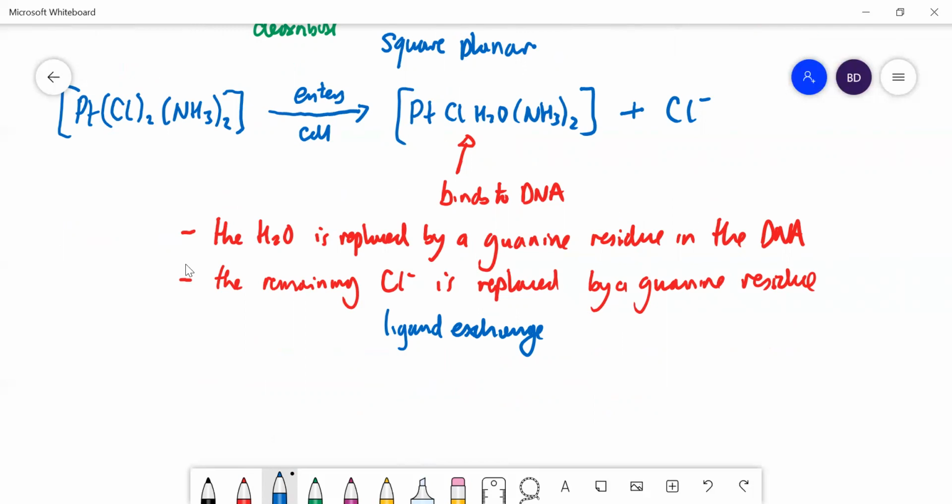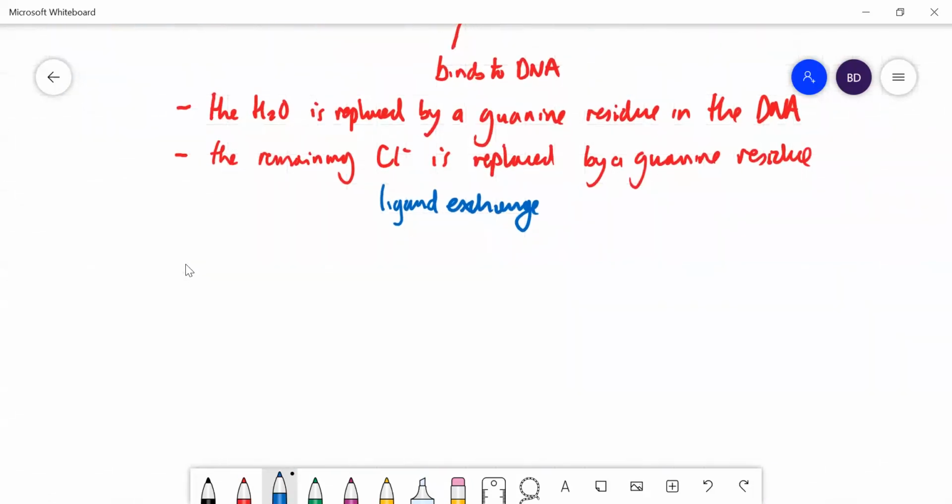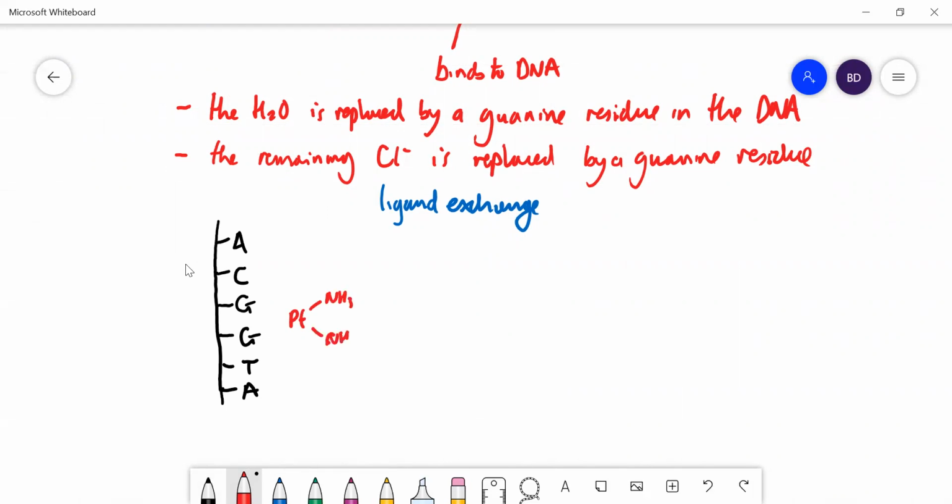Now, why does that cause DNA damage? So here's going to be a piece of DNA, and I'm just going to put some random bases like A, C, G, G, T, A. Right, what it will do is the platinum will form, so if I draw my cisplatin here, I've still got the 2 ammonia ligands attached. And these are all dative bonds, I should put arrows on them. There's your cisplatin complex.